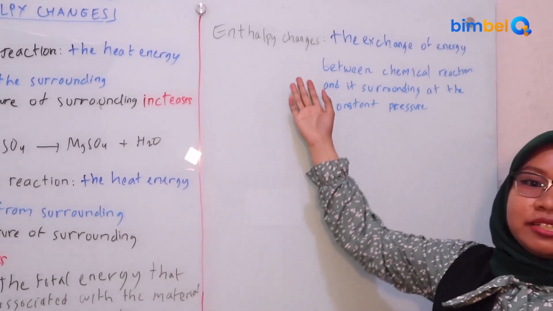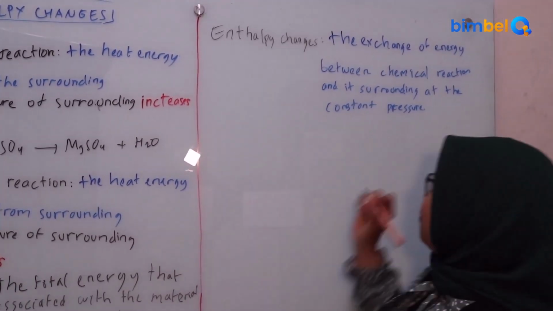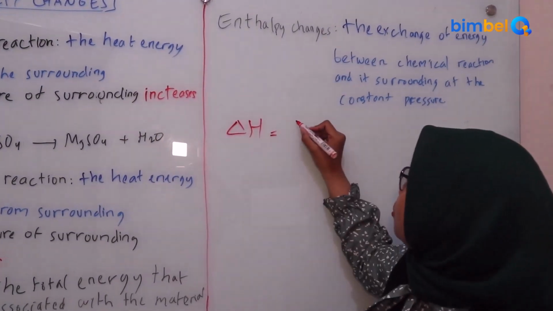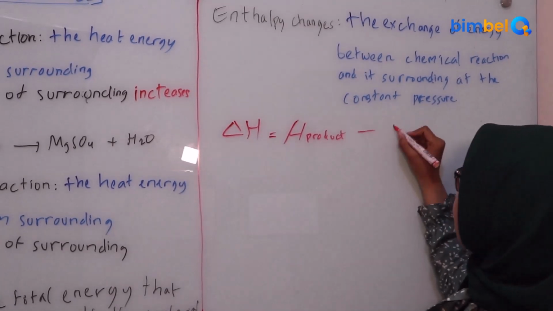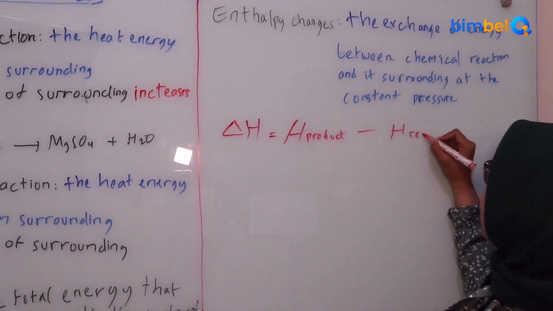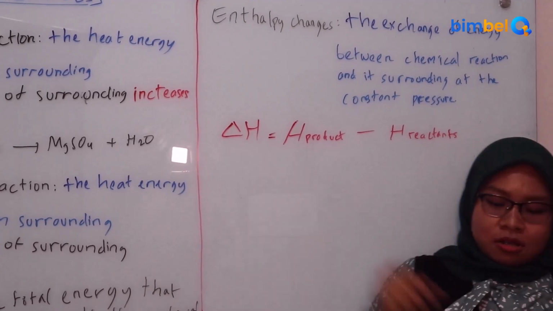Now, the enthalpy change can be calculated by this simple formula. Delta H equals enthalpy of the products minus enthalpy of the reactants. Now I'm going to tell you about this symbol.